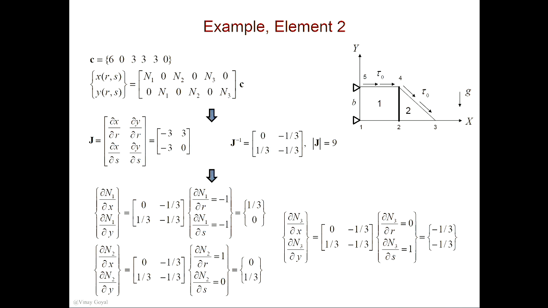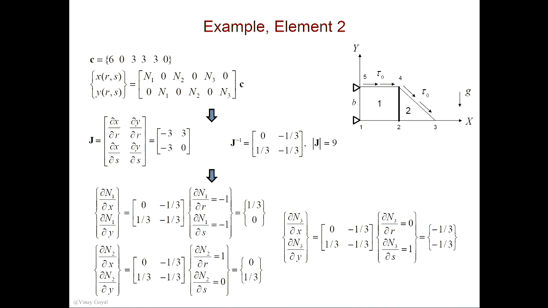Shape functions times that gives me what I need to then calculate the Jacobian. And when you do that, you get that J inverse is just that. I had to do it with Mathematica. But the determinant is 9. Okay, 9. That's actually correct, because if you look at the standard triangular element, what is the area? 1/2.